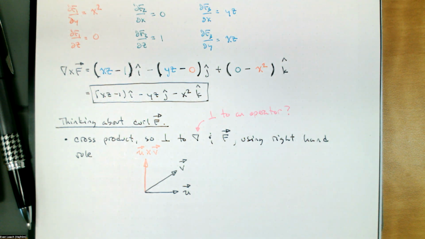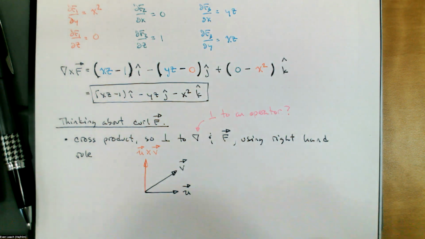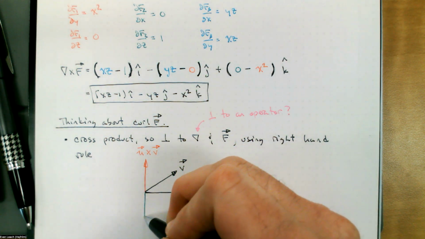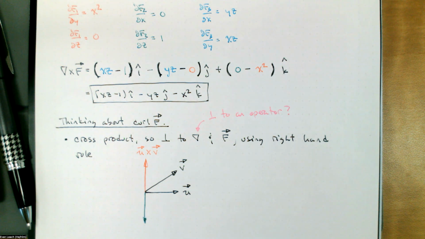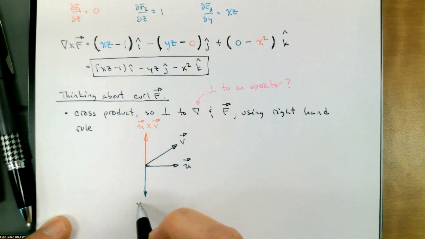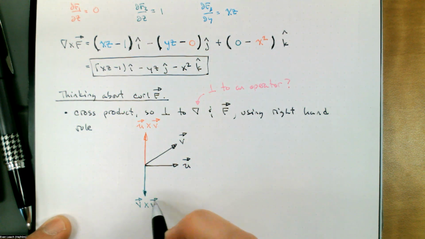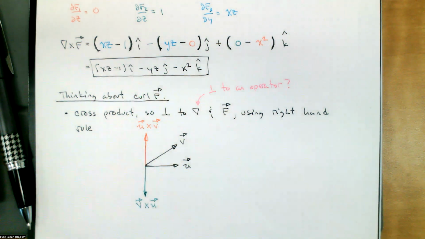So if I put my fingers in the direction of v and curl them the short way towards u, then now it will be pointed in the opposite direction. When we talk about the angle between the vectors, we talk about the short way, not the 360 minus theta.